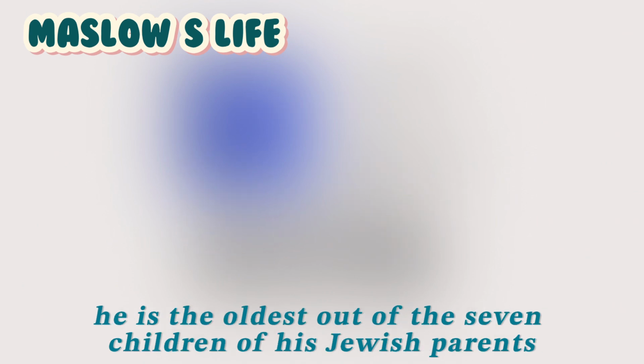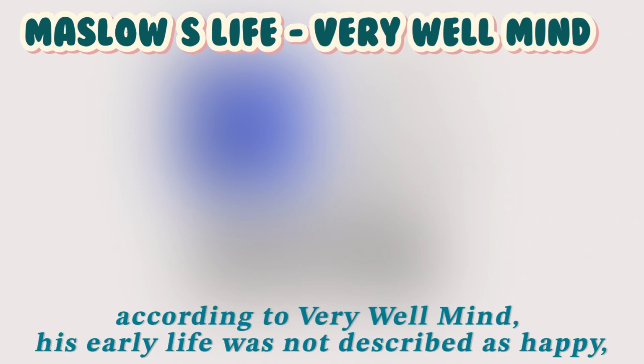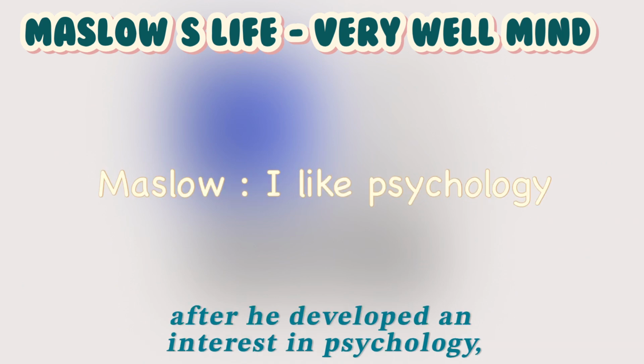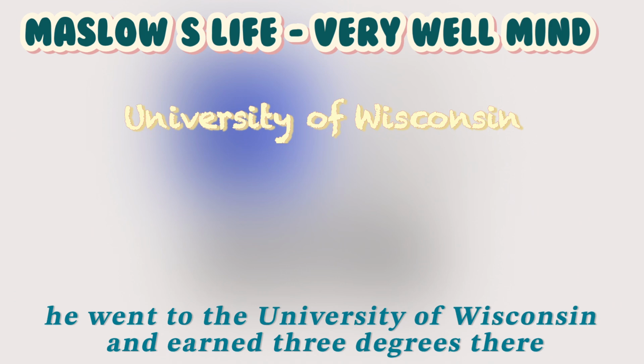He is the oldest out of the 7 children of his Jewish parents who emigrated from Russia. According to Very Well Mind, his early life was not described as happy, but mostly unhappy and lonely. After he developed an interest in psychology, he went to the University of Wisconsin and earned 3 degrees there.